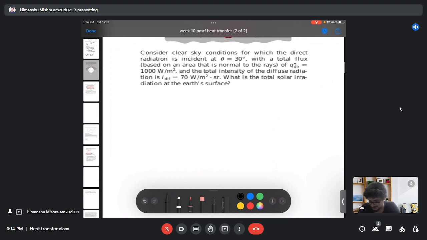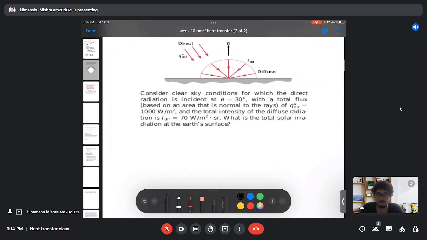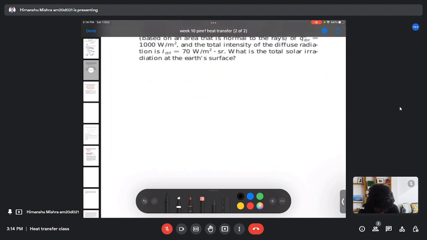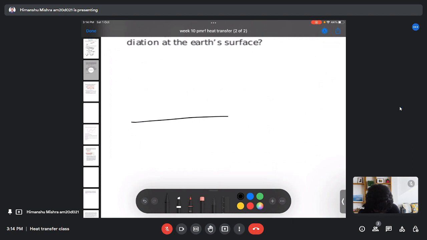So in this question, the body is actually receiving heat from two sources. The surface is receiving two kinds of irradiation.